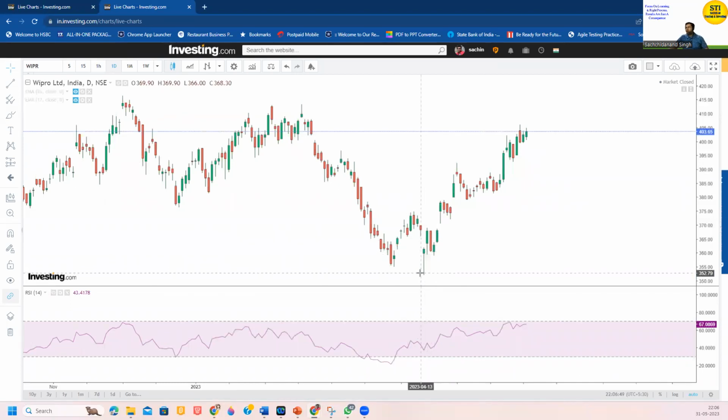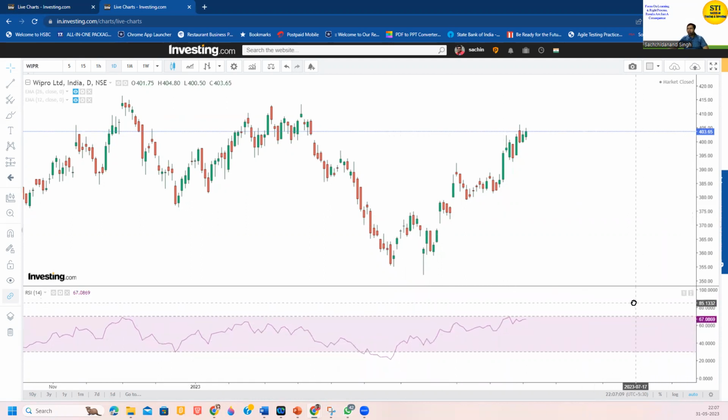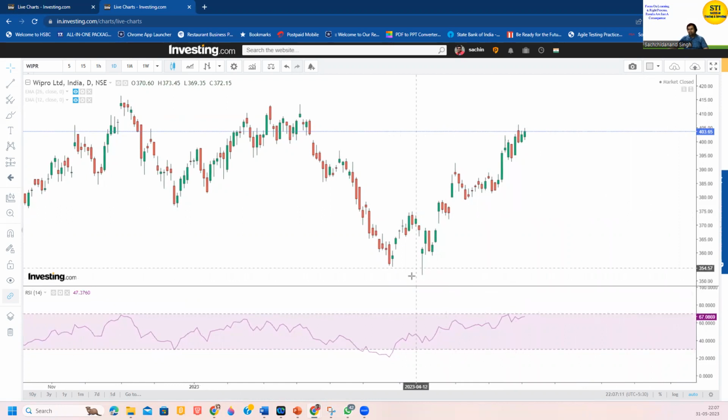Lower low means this low is lower than the first low. But if you look at the RSI, the price has fallen from this top to the lowest recent value, but the RSI doesn't keep company. The RSI moved, but not as much as the price.